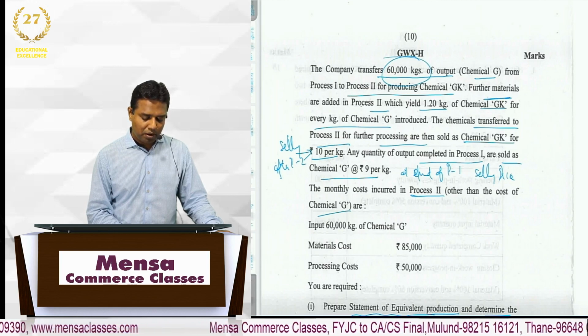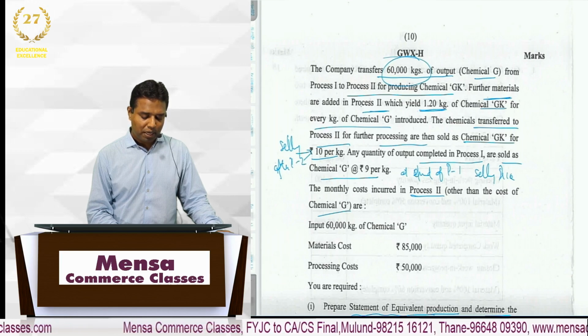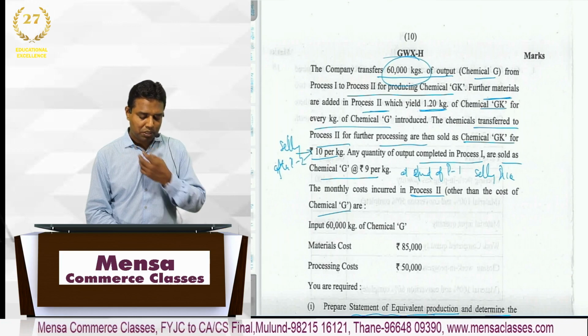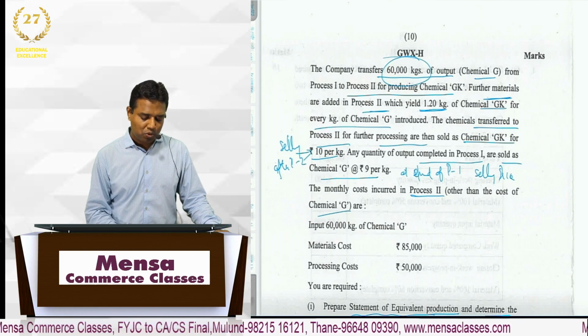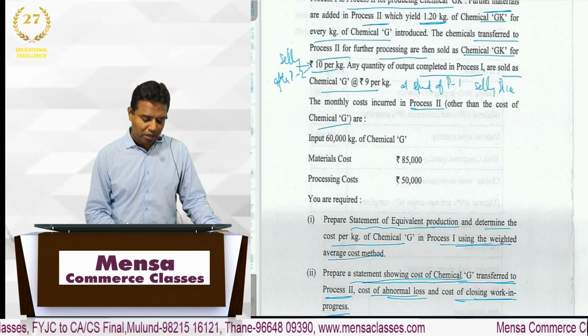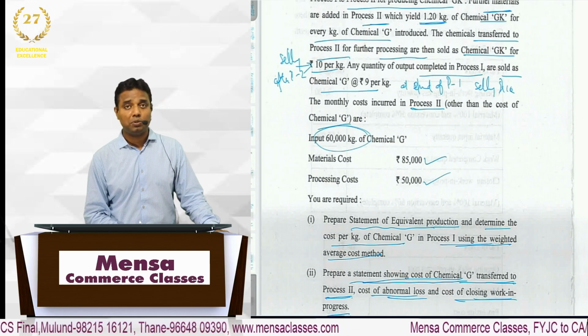Further material to be added in process 2 will yield 1.2 kg of chemical GK for every 1 kg of chemical G introduced. And chemical GK is then sold at 10 rupees, right? Okay. And additional material cost is 85,000, processing is 50,000 for that 60,000 kgs.